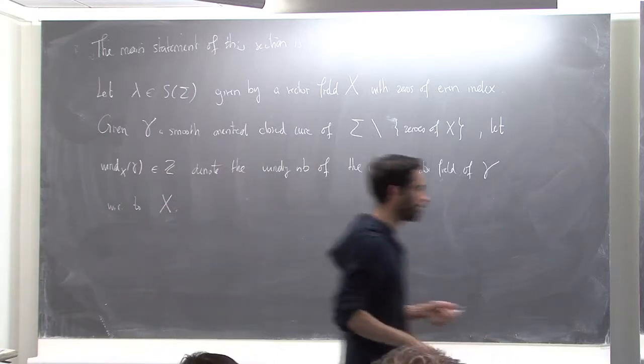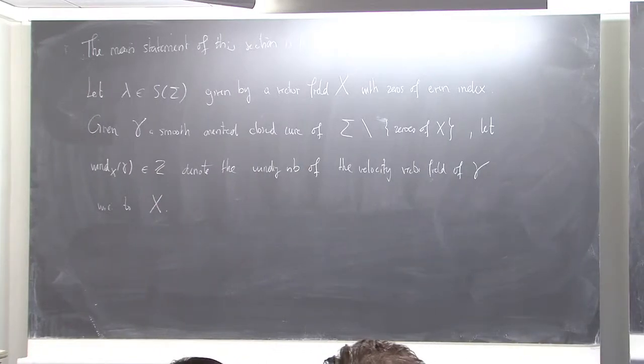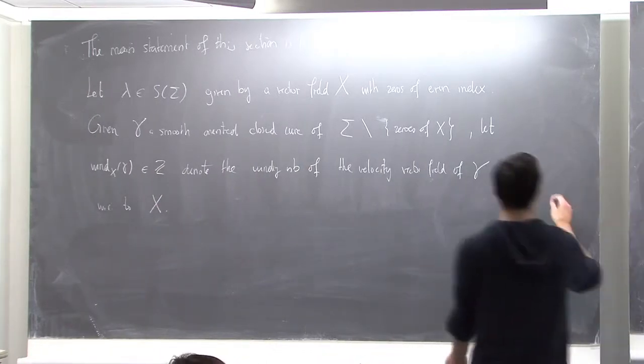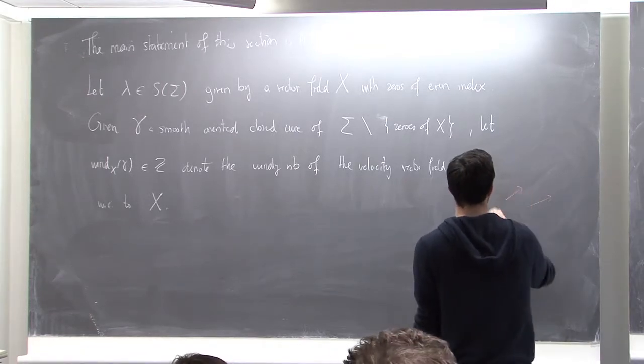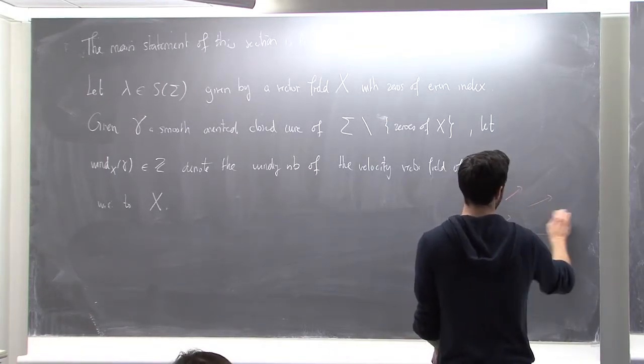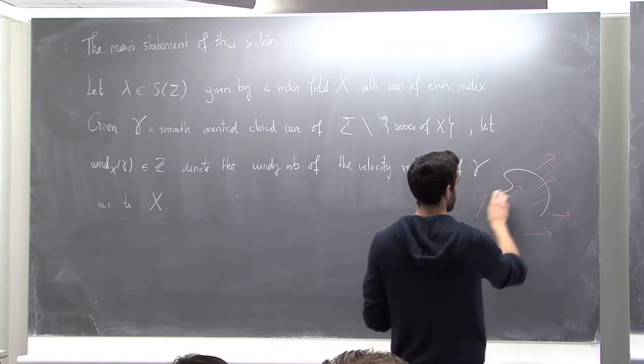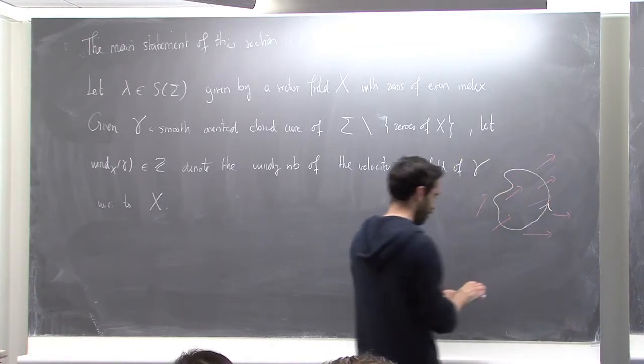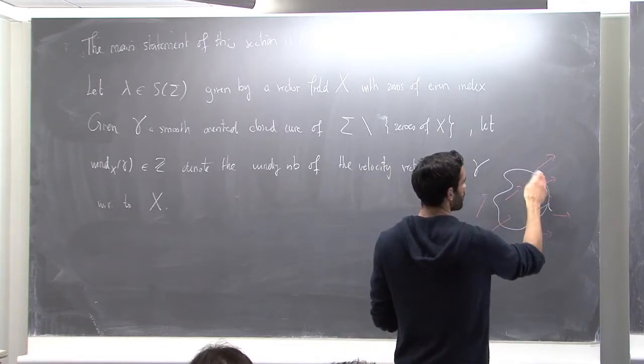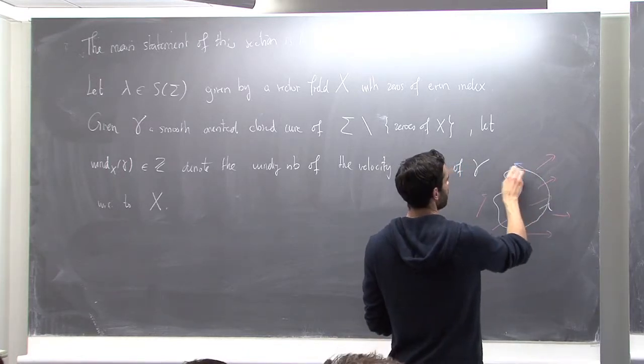So again, you have some ambient vector field, which has some zeros. Then you have a curve gamma on it, and you want to look at the velocity vector field.